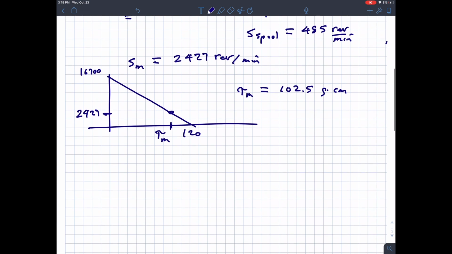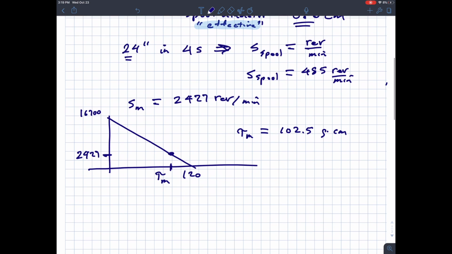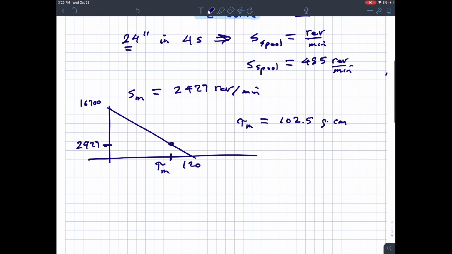Okay, so if we had a perfect gearbox that was imparting all the torque from the motor into spooling up the weight, then we would use the gear ratio to calculate the torque at the spool.